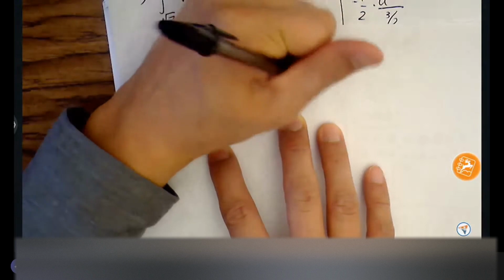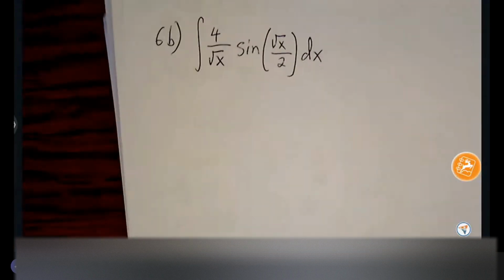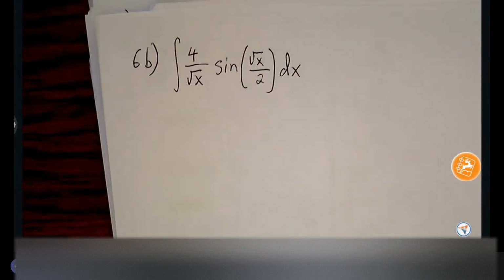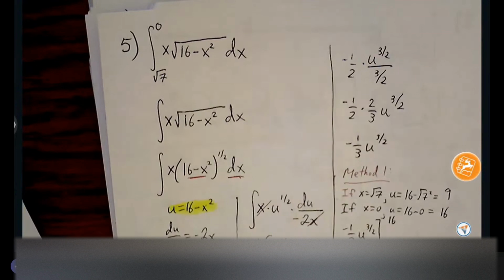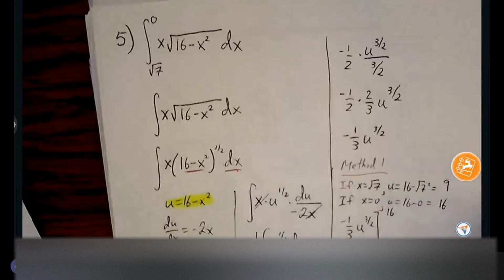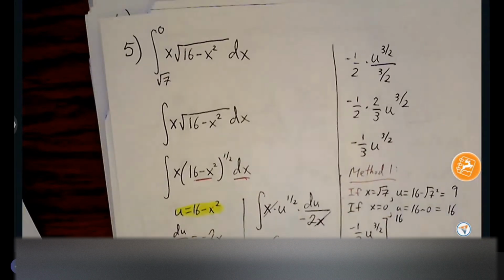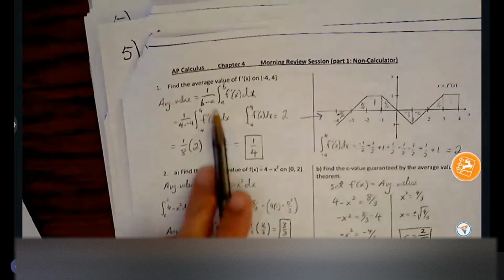Mr. Yang? Yes. The graph on top of the non-calculator worksheet, is that like the velocity graph question you'll give us on the test? Wait, this one here? Yeah.